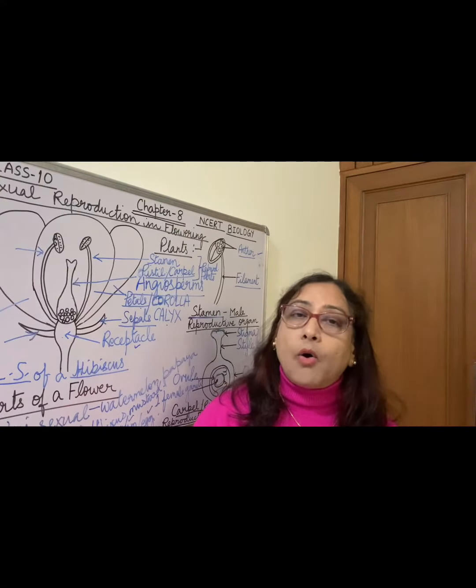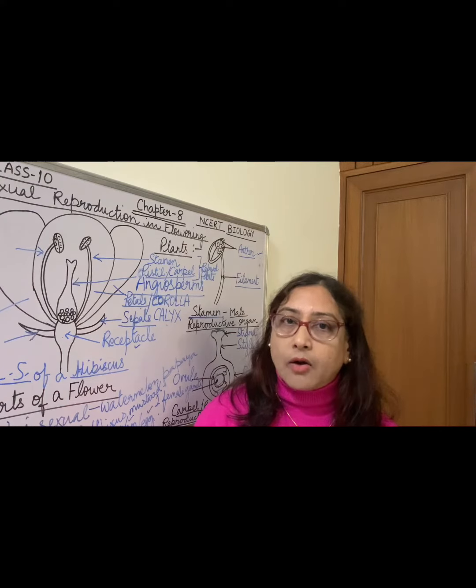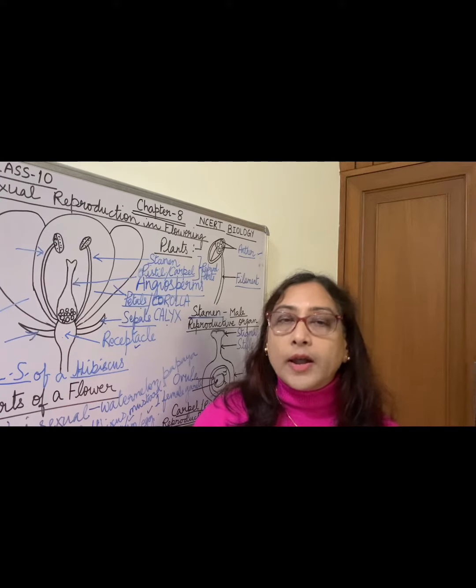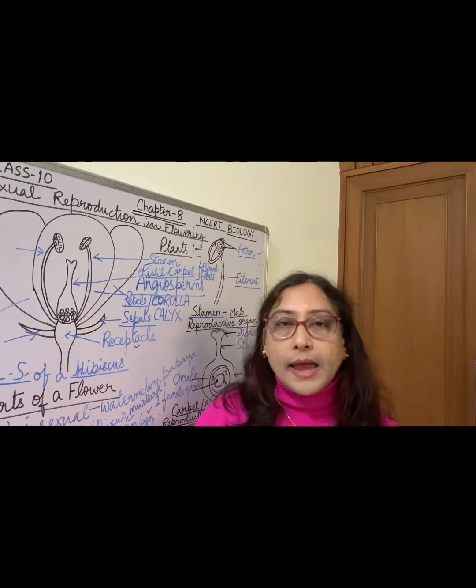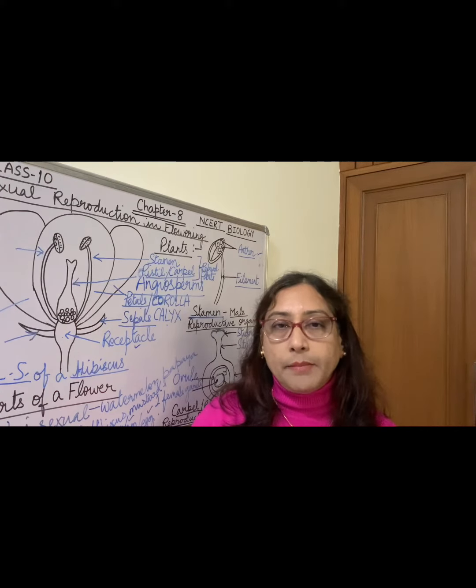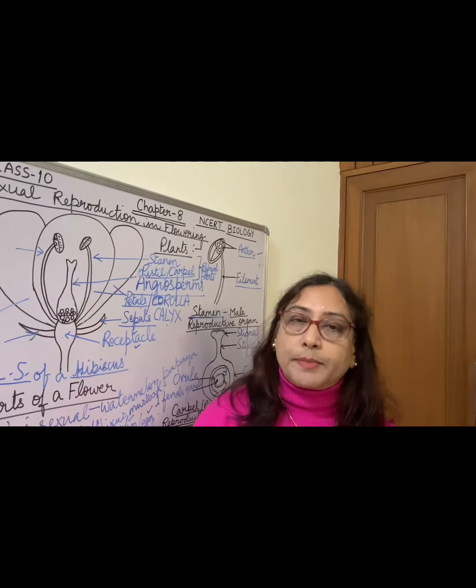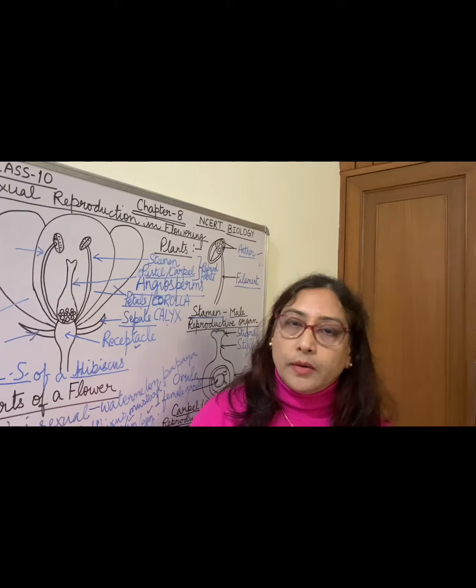Now, how is a seed formed in a flower or in a plant? A seed is formed when one male gamete present in the pollen grain combines with one female gamete which is present in the ovule.